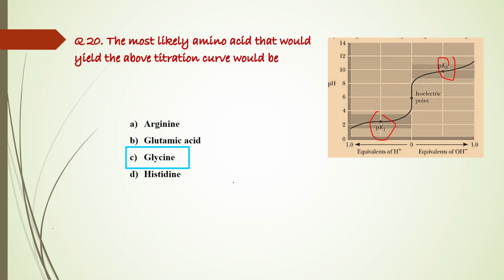Let us look at the basic structure of an amino acid. I am just writing the Zwitter ionic form. And this is your R group. So this is your basic structure. On one side there will be NH3 plus, on another side there will be COO minus, and there will be an R group.